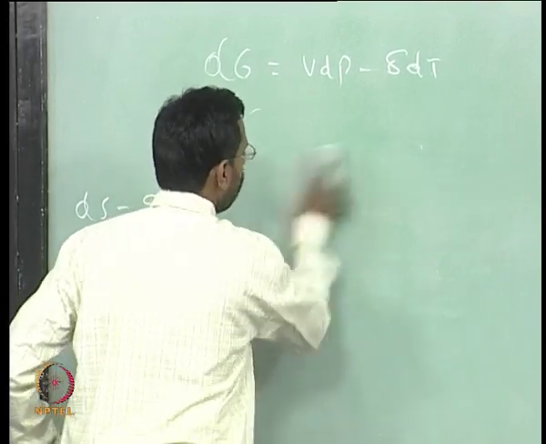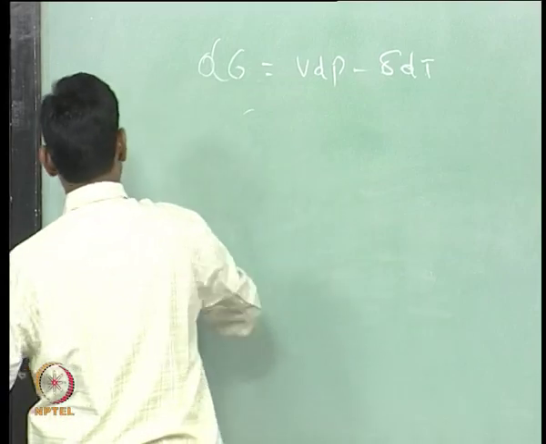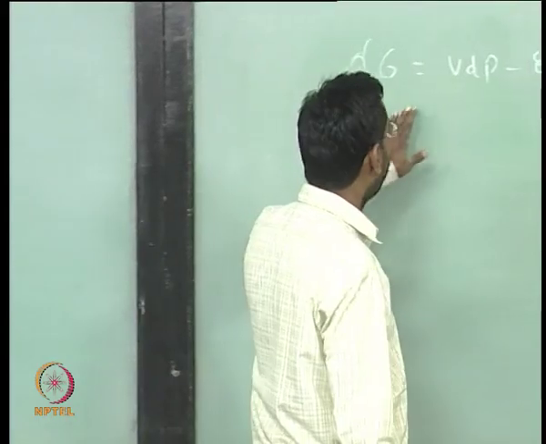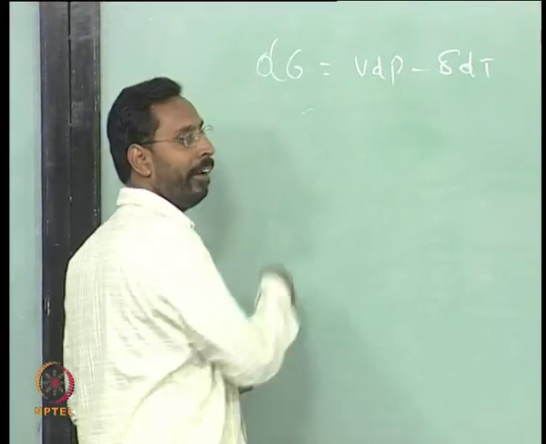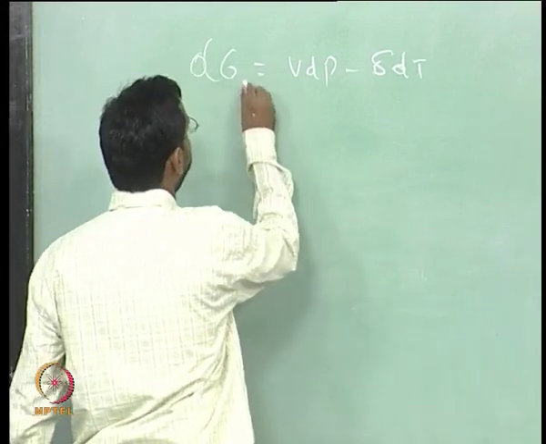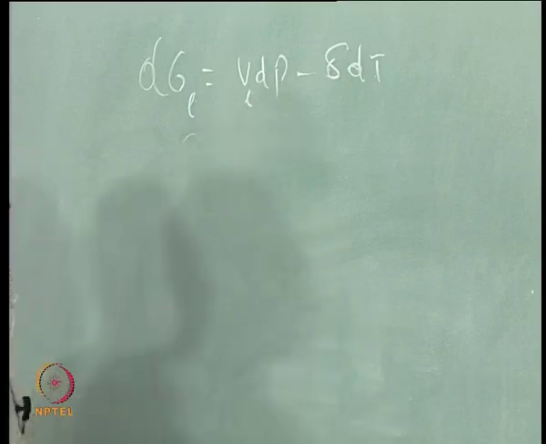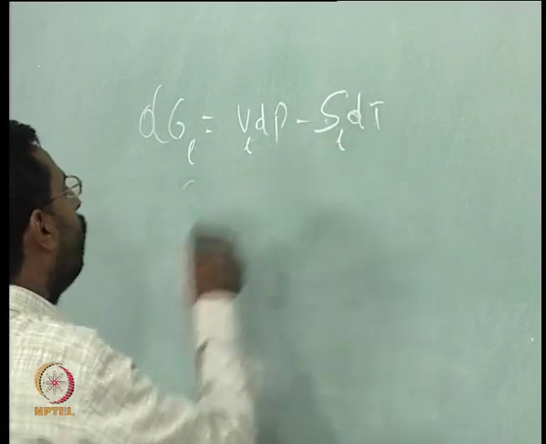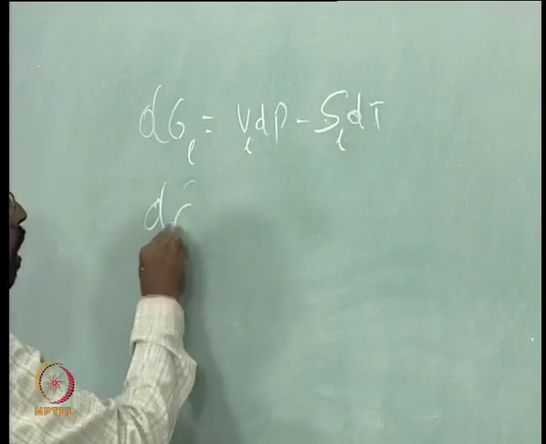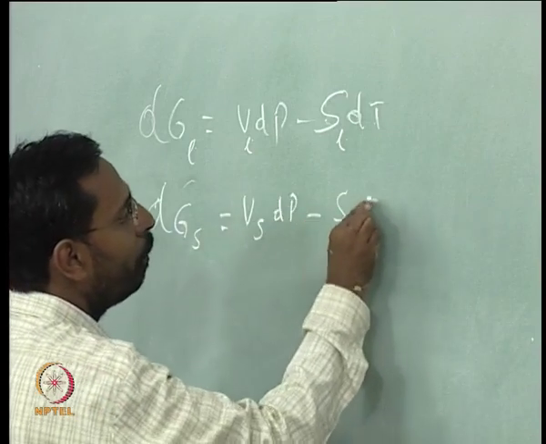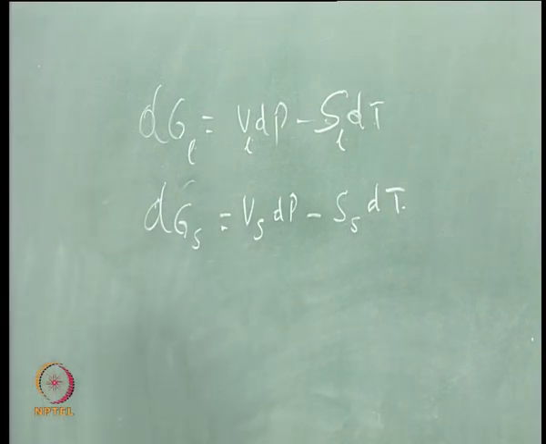today let us look at how we use this expression. For example, we can write this expression for every phase transformation. We have done this earlier for liquid to solid. We can write dG of liquid is V of liquid into dP minus S of liquid into dT, and dG of solid is V of solid into dP minus S of solid into dT, and we know that at equilibrium both the free energies are equal.